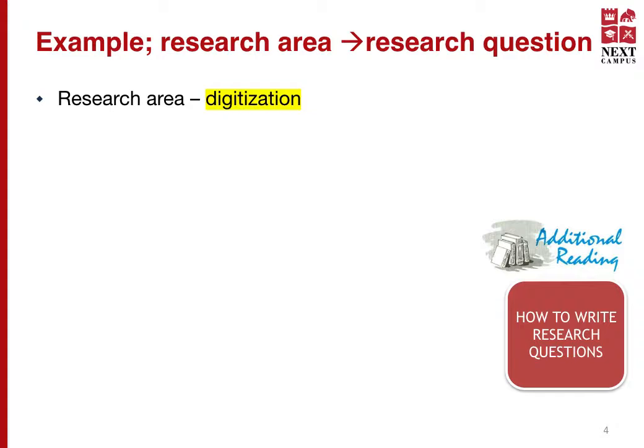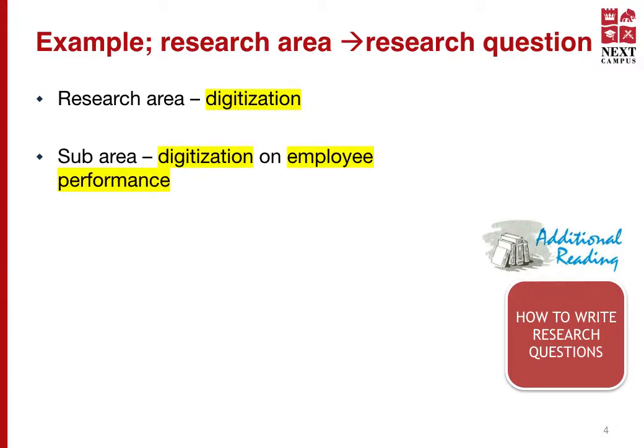So this student has chosen this area saying, I want to research around digitalization. Okay, what aspects of digitalization? So the sub area is digitalization on employee performance. Okay, now the student wants to explore what is the impact of digitalization on employee performance.